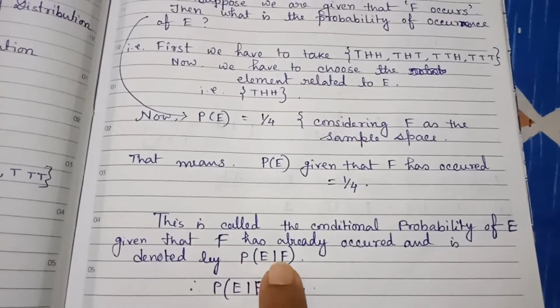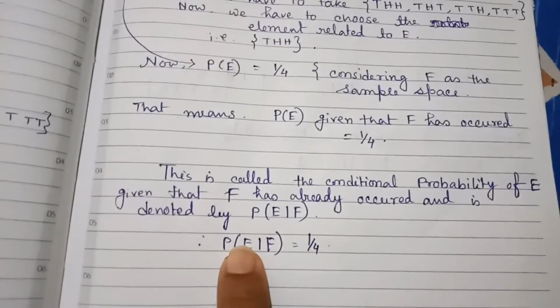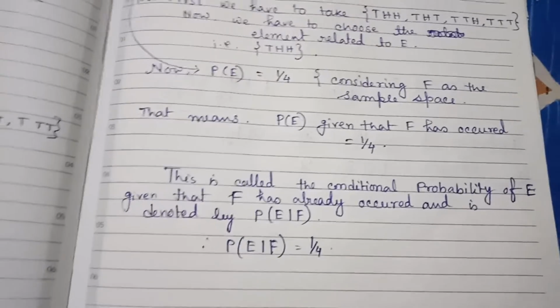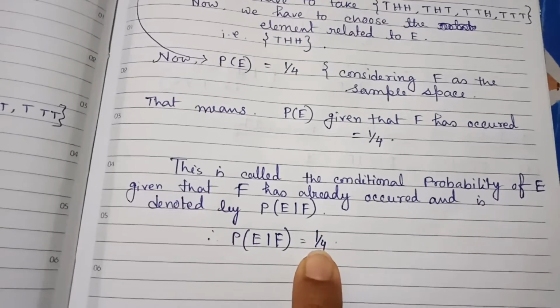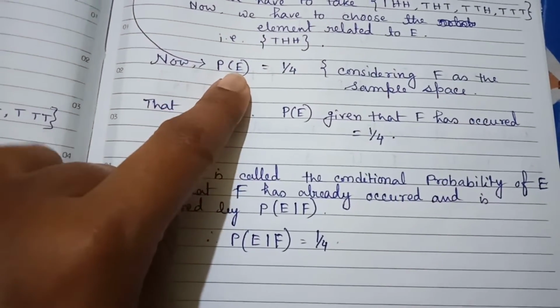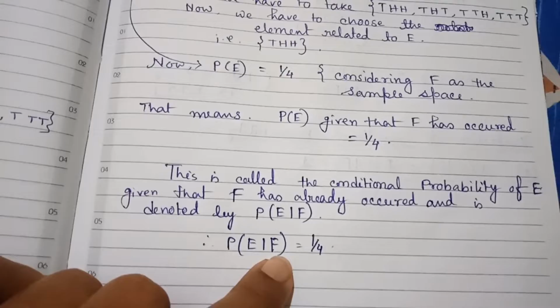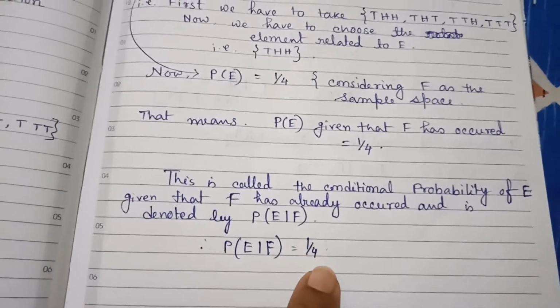Therefore P of E given F will be 1 by 4. This P of E can't be written alone. It must be E given F, that is equal to 1 by 4.